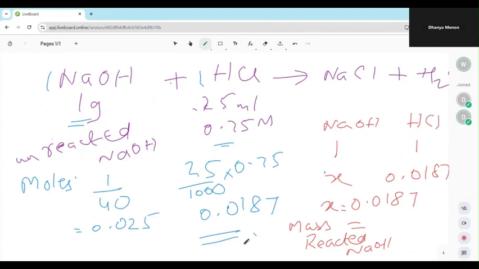How to find the mass? Moles times molecular mass, right?